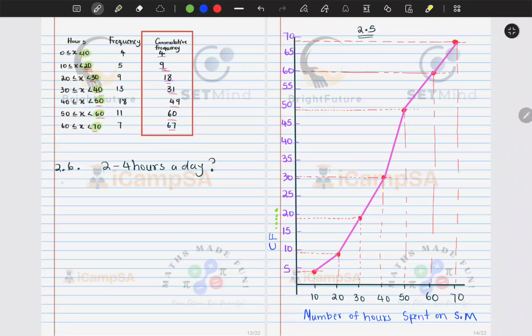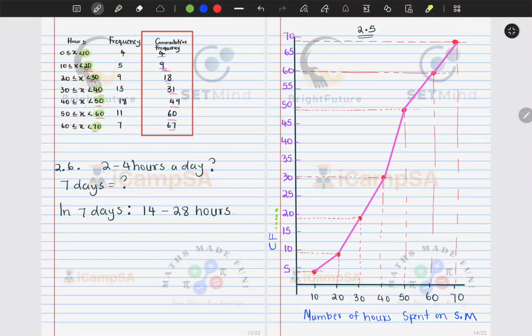Okay, now I need to ask myself, if they are spending this amount of time, what would have happened in 7 days time? So if you think carefully, it means in 7 days time, the number of hours is going to be 2 times 7, that's going to be 14, and 7 times 4, that's going to be 28.